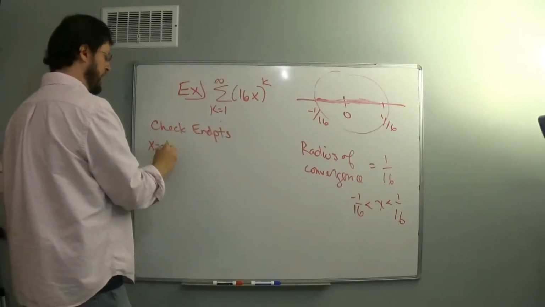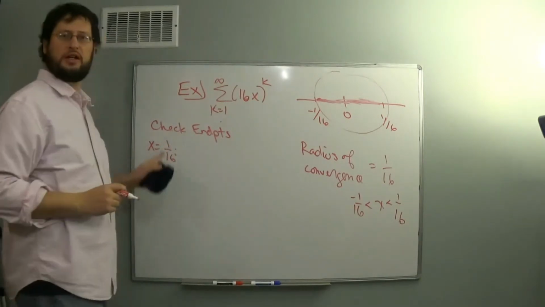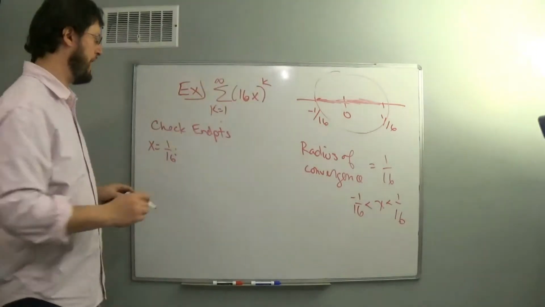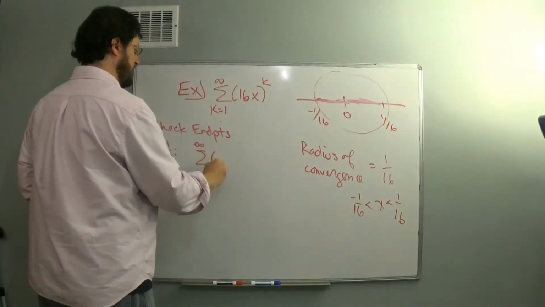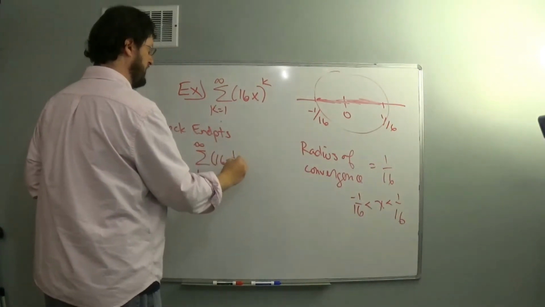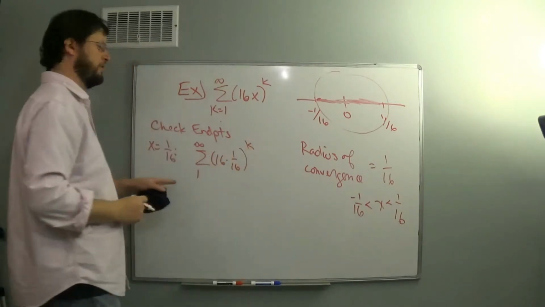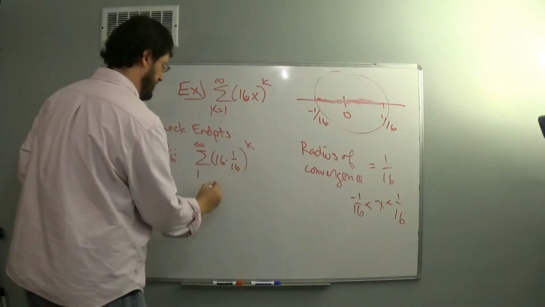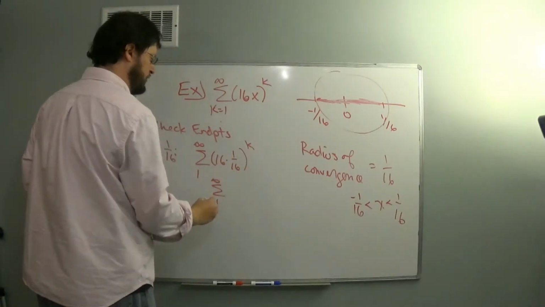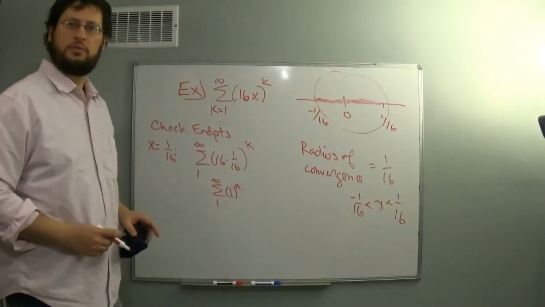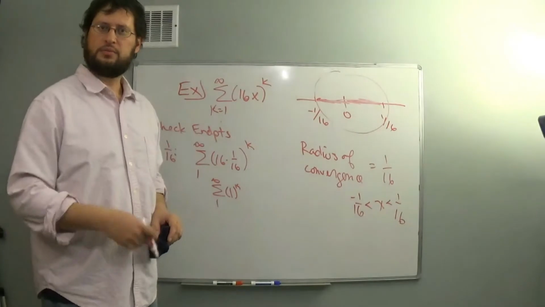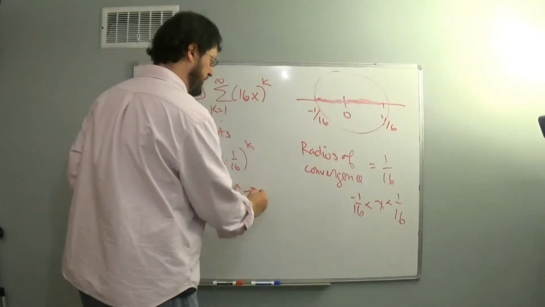If x is equal to positive 1/16, we're just going to plug x right in and see what happens. I get the sum from 1 to infinity of 16 times 1/16 to the k. I just plug 1/16 in for x. That is the sum from 1 to infinity of 1 to the k. Well, that's like 1 plus 1 plus 1 plus 1, and that goes to infinity.